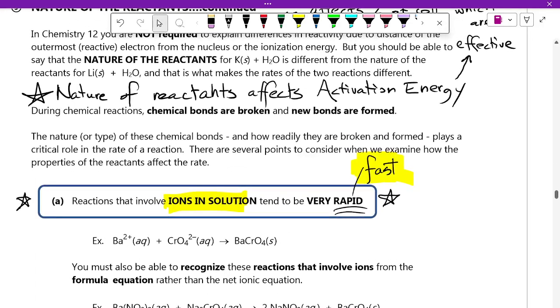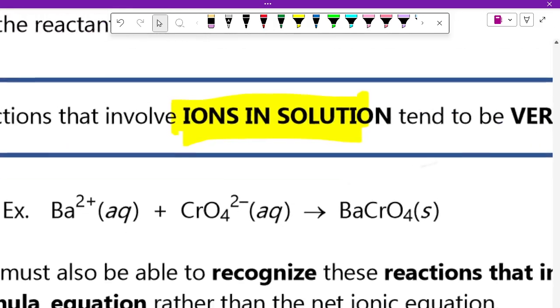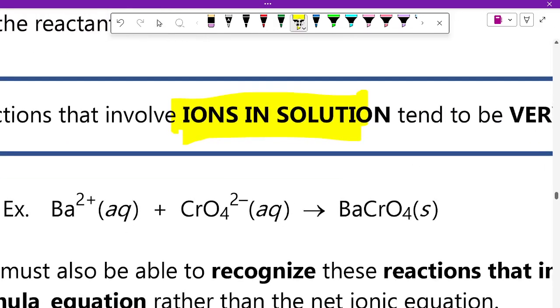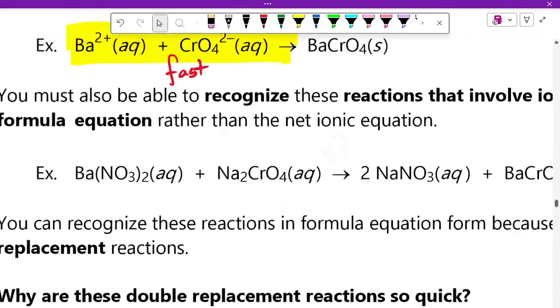Now, sometimes this is really easy. You'll be like, oh, look, ions in solution. Yay. Look at me go. I picked that one. That one's really fast. However, you might be given a reaction that looks like this one.